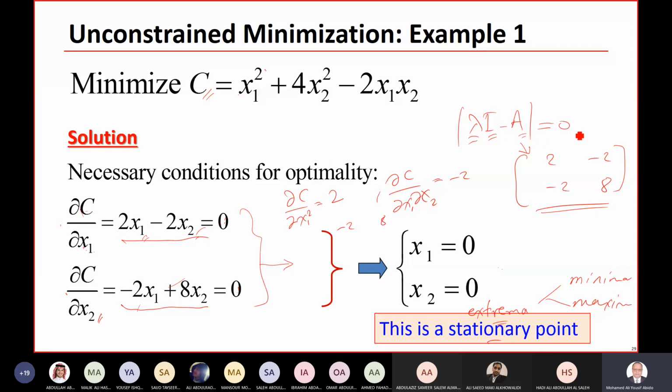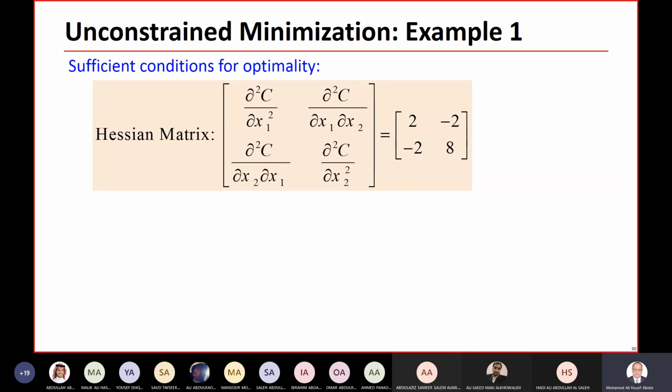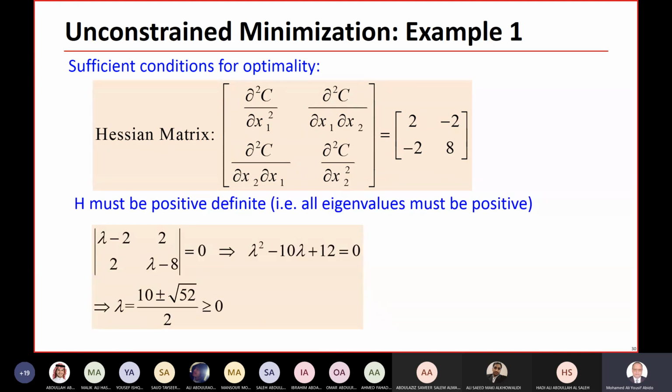So you solve this determinant equal to 0, which gives you the eigenvalues. So this is the Hessian matrix as we constructed. And the eigenvalues of this come from lambda I minus A, or minus H, and you set the determinant equal to 0. The determinant of this matrix is lambda square, and so on. Lambda square minus 10 lambda plus 12 equal to 0.